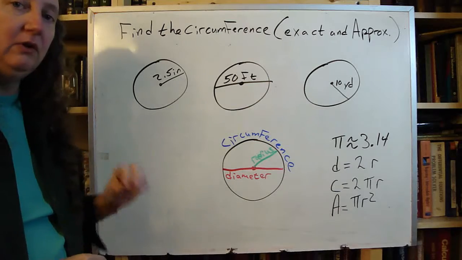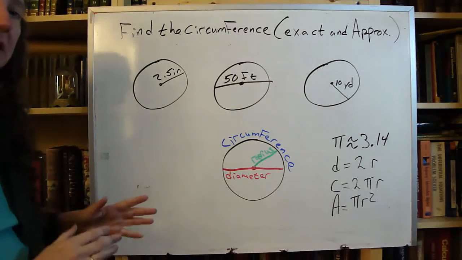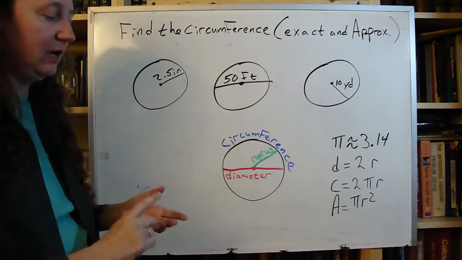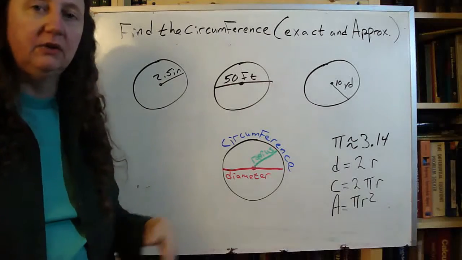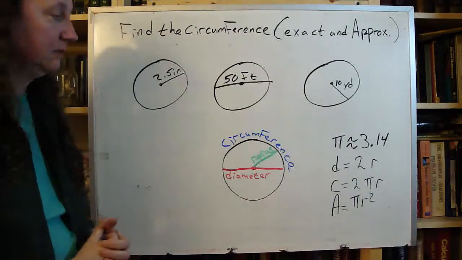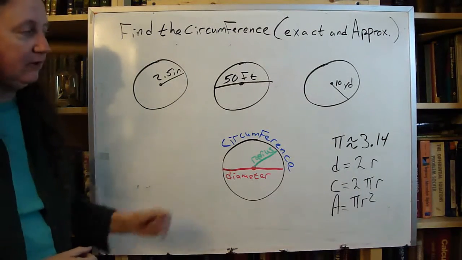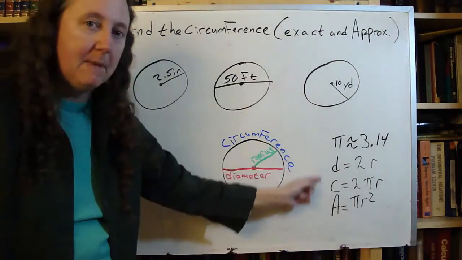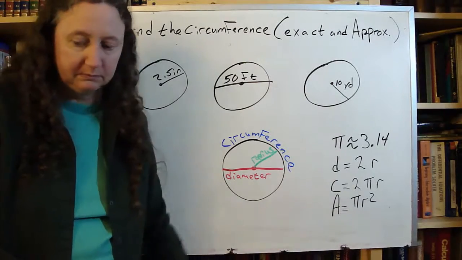You will be expected to know those for any test coming up in the future: quizzes, tests, this class, the next class, anything else in math. So memorize that. Memorize all of them.